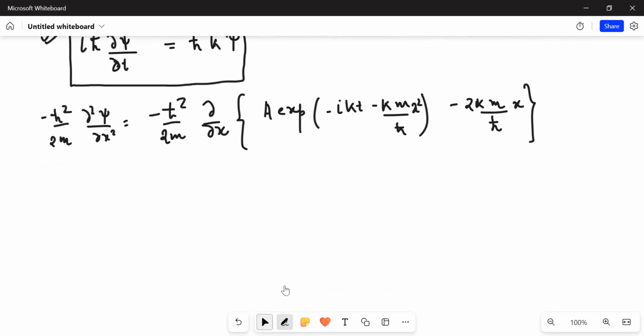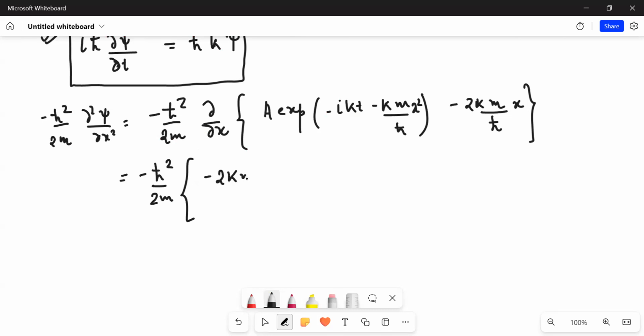Now if I want to take the second derivative, what am I going to get? Minus h-bar square upon twice m, del by del x of this. Taking the first derivative, I get minus 2 km upon h-bar times x A exponential of minus iota kt minus km upon h-bar x square.